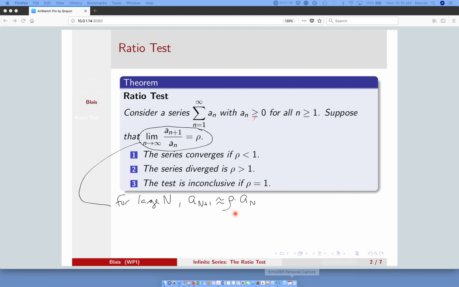And the larger n gets, the closer and closer this becomes to an equality. Well, what is this? This is saying that the (n+1)th term is approximately rho times the nth term. So this looks like the criteria for geometric series.